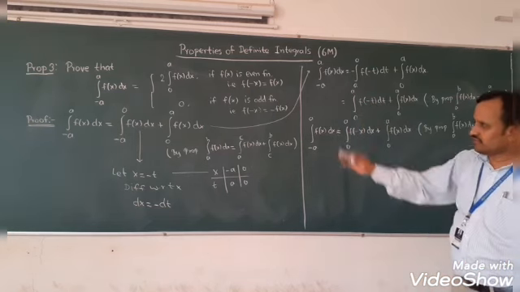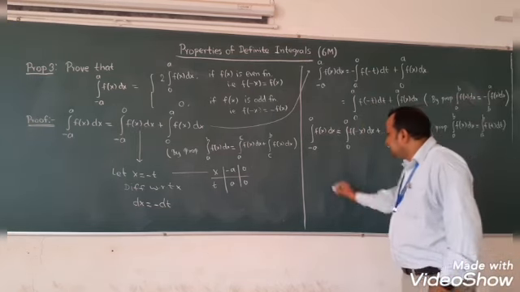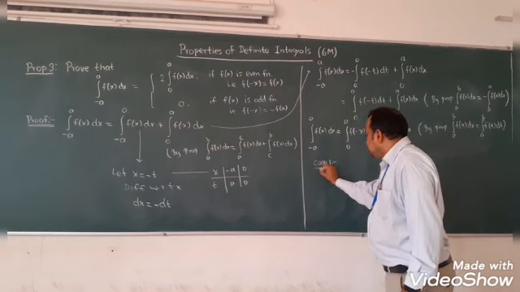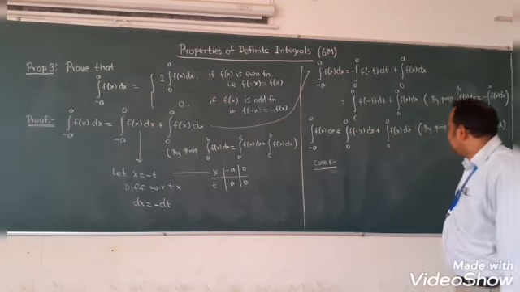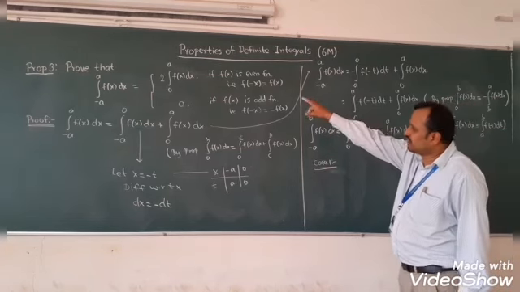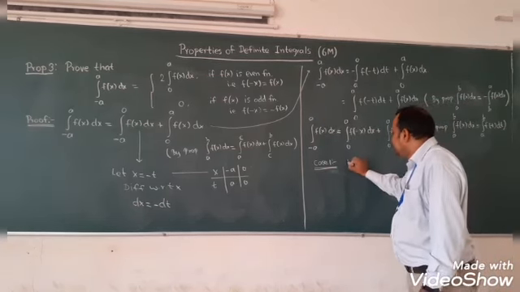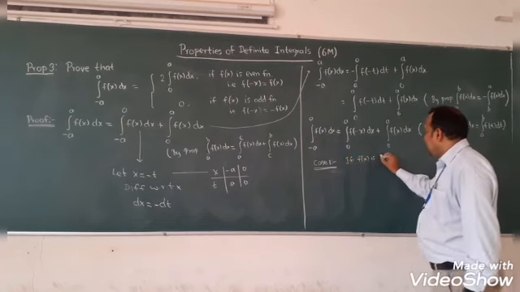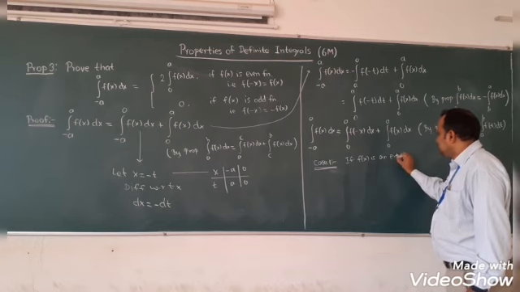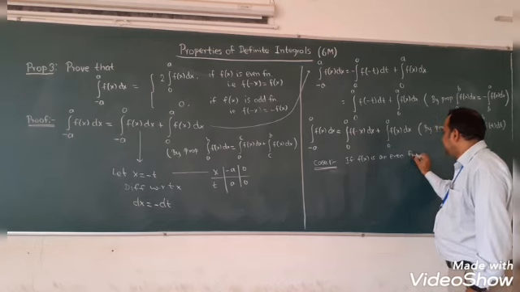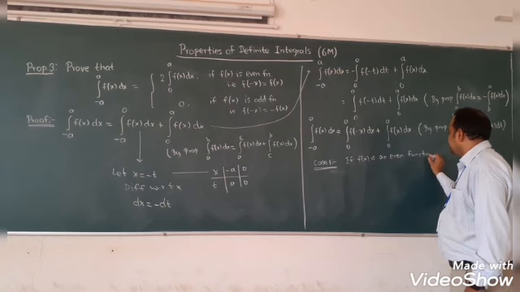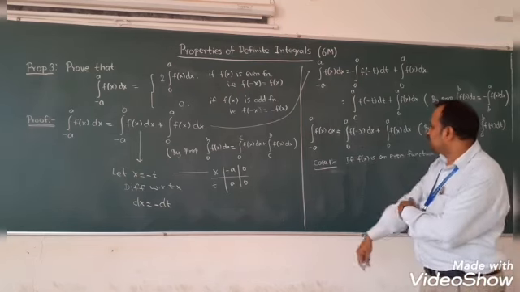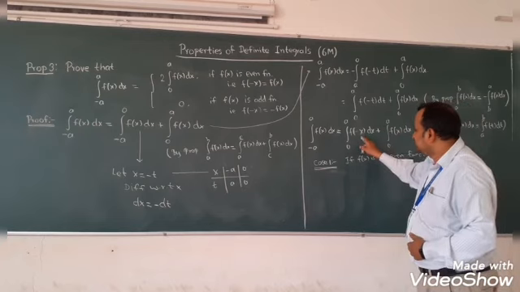Now we have to prove the cases. So here I can say case 1. So what is case 1? Case 1 is f of x is an even function. So even function is what? F of minus x equal to f of x. So this will become what actually?